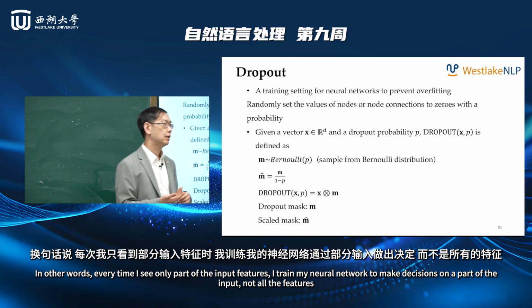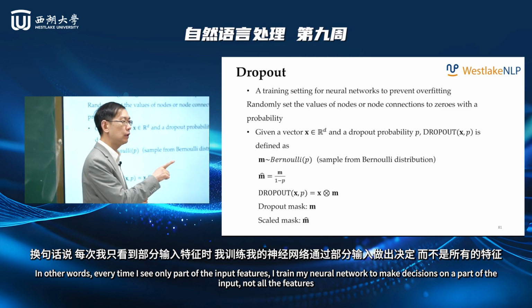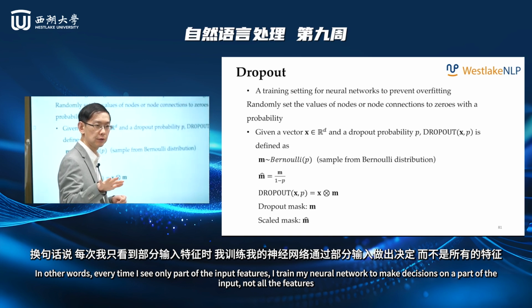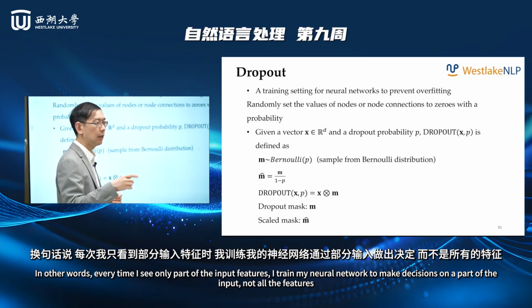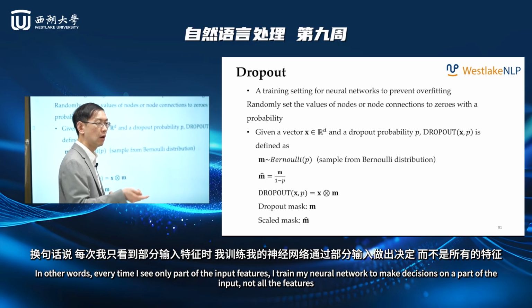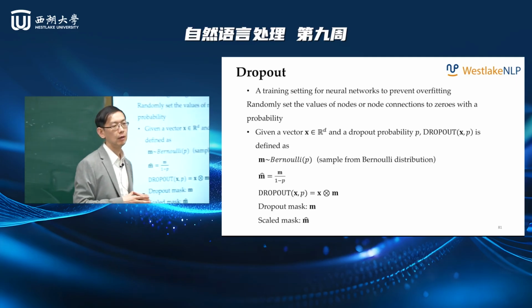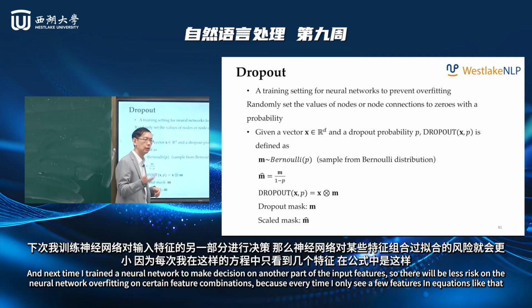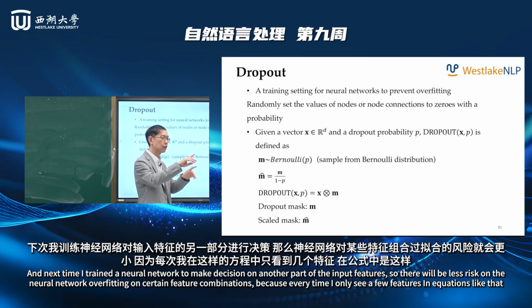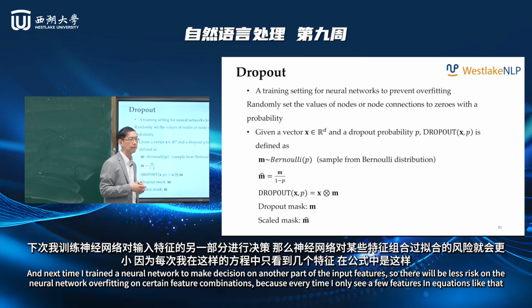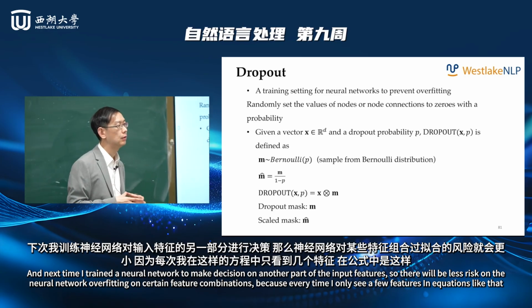In other words, every time I see only part of the input features. I train my neural network to make decisions on a part of the inputs, not all the features. And next time I train the neural network to make decisions on another part of the input features. So there will be less risk of the neural network overfitting on certain feature combinations, because every time I only see a few features.